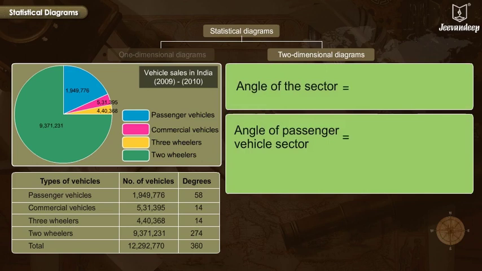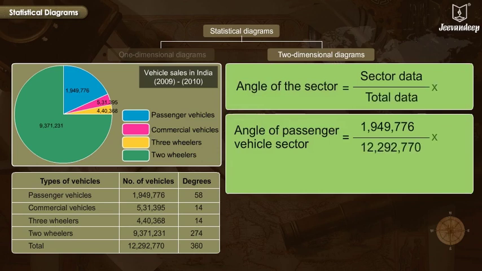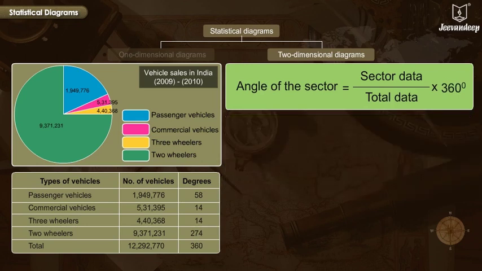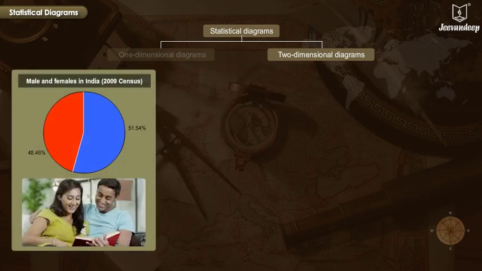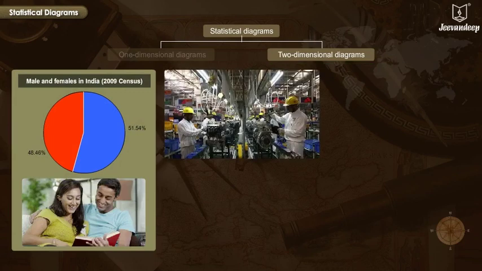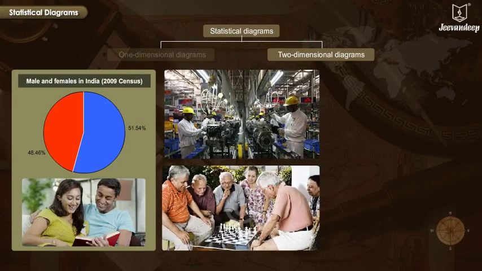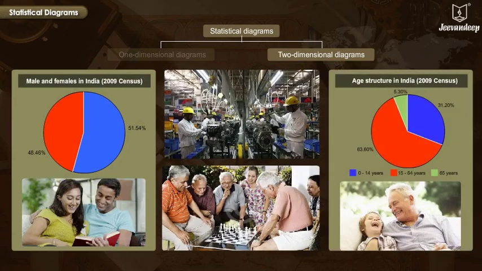Angle of the sector is equal to sector data divided by total data multiplied by 360 degrees. This method is useful in showing population data like male or female, workers or non-workers, age composition, etc.